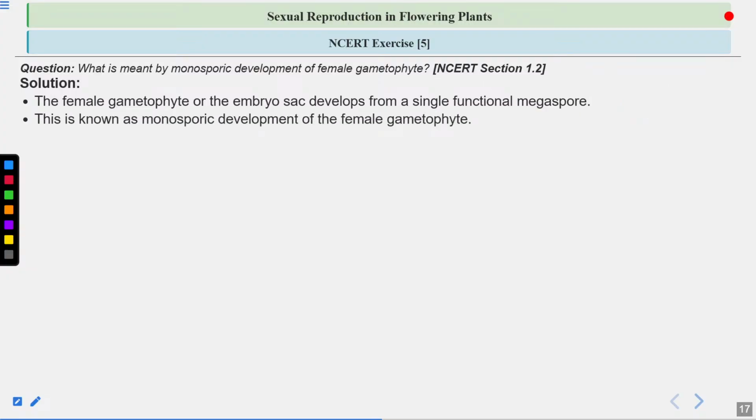So this is known as monosporic development because only 1 megaspore is involved in the formation of the embryo sac, the female gametophyte structure. And how many cells and nuclei are there in the embryo sac?